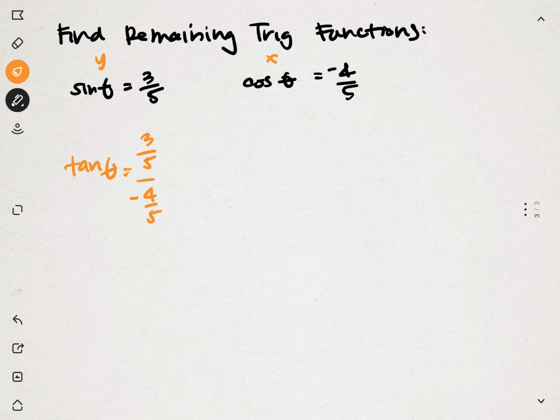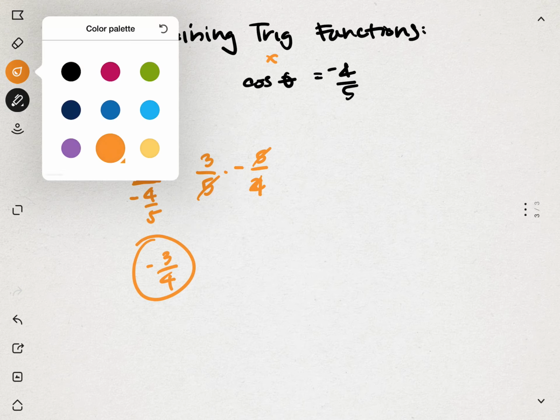And we said that anytime we have a complex fraction like we do here, we're taking the numerator multiplied by the reciprocal of the denominator. The 5's cancel. So we have negative 3/4 for our tangent.